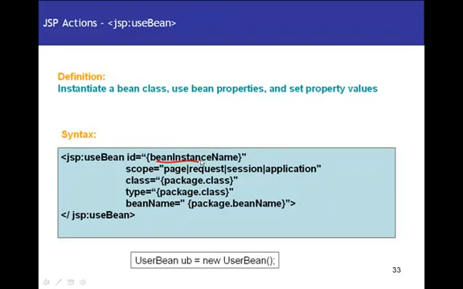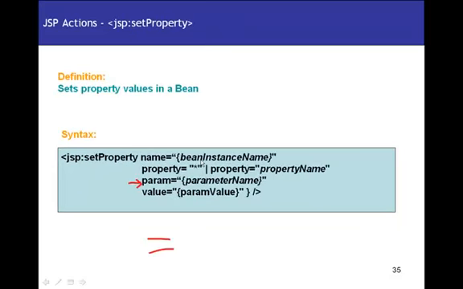But if it doesn't find anything, it's going to create a new object and instantiate that bean class. So if you use the set property within the useBean body, it sets the property value only if it didn't find the bean and it instantiated the bean class in the JSP, right? Otherwise it wouldn't set the value of that property to the new value. It simply is going to retain whatever was brought in from the servlet, right?